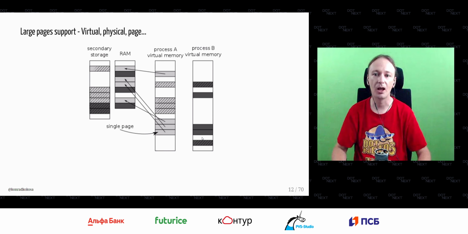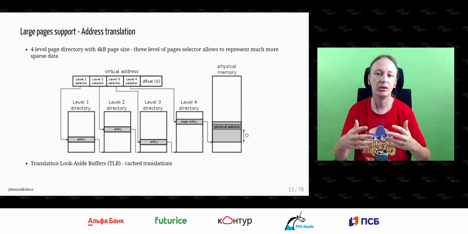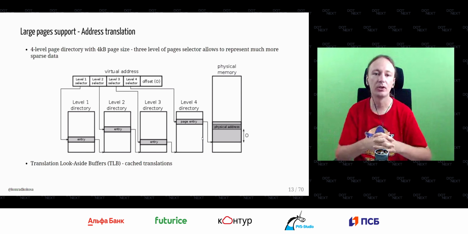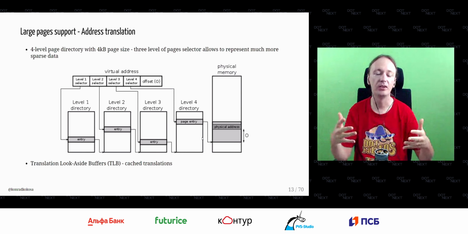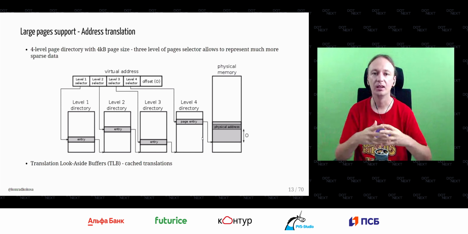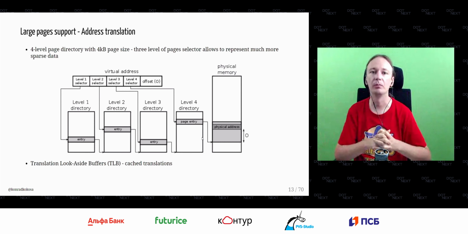So how is it going to happen? This is a quite costly operation because a virtual address consists of some parts, and every part of such a virtual address is just a direction to some level of the page directory that keeps the whole mapping between the physical pages and the virtual pages.